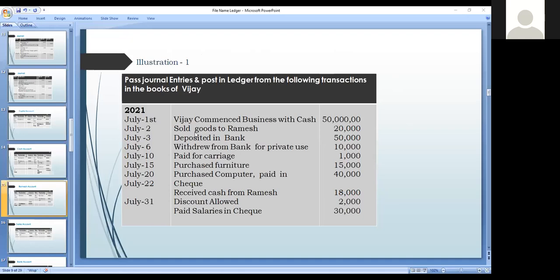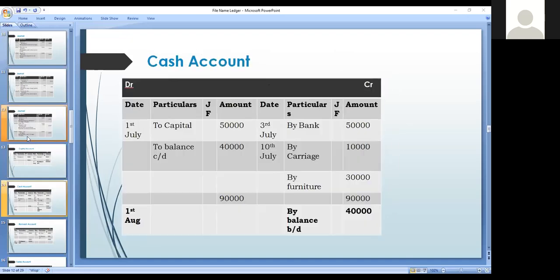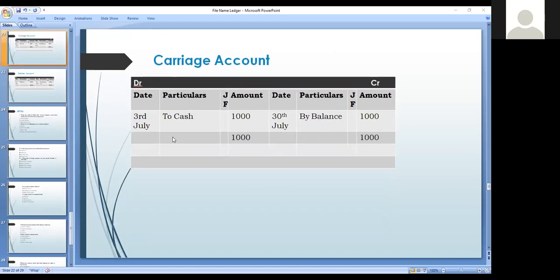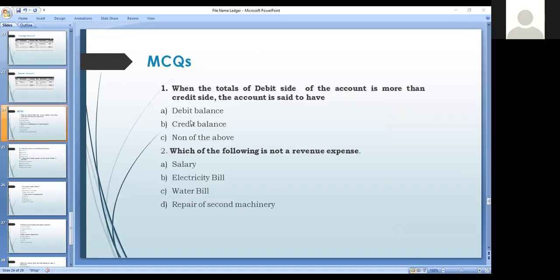Okay, we'll see the MCQs. When the total of the debit side of the account is more than the total of the credit side, the account is said to have what balance?